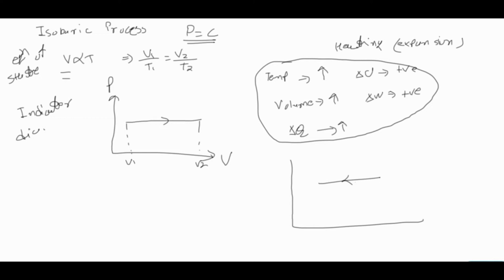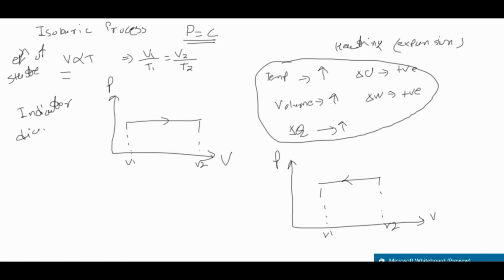If we follow the reverse path, you can see volume is decreasing on the volume scale. Then the signs change. Each and every sign will change now. Delta U becomes negative, delta W becomes negative, and the whole delta Q becomes negative. So this is also an important thing to remember.